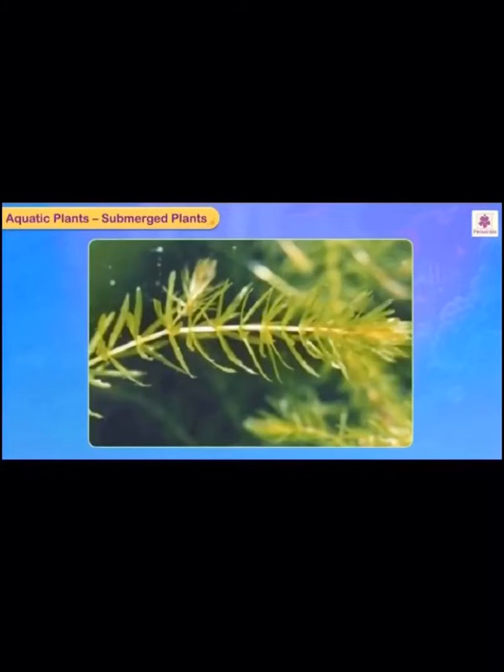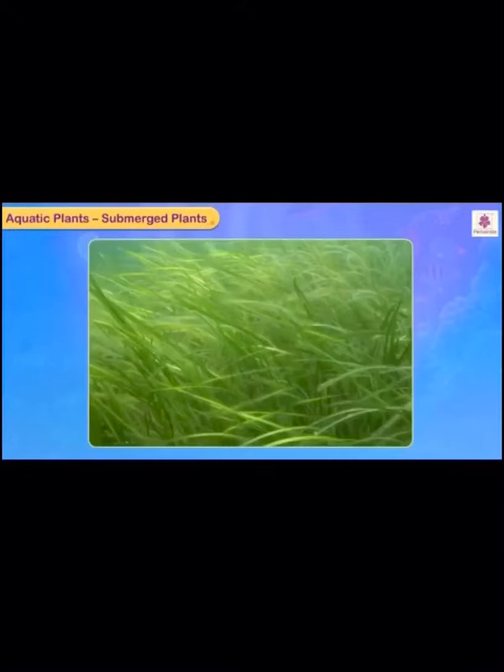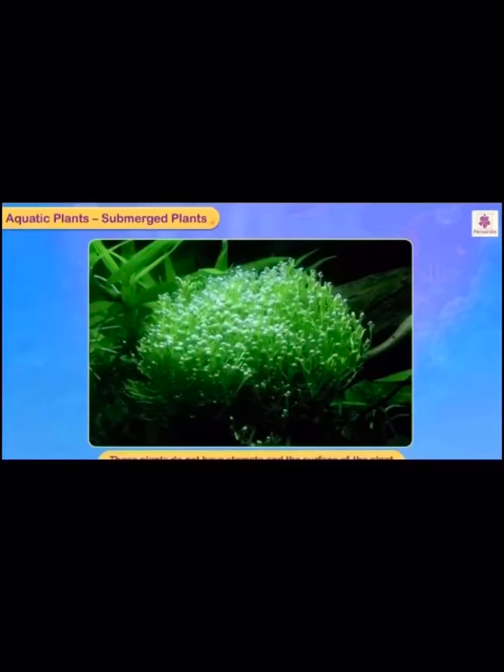They have thin, narrow, flexible leaves and stems. This helps them to bend in the direction of flowing water and not break. These plants do not have stomata and the surface of the plant is adapted to exchange gases dissolved in water.